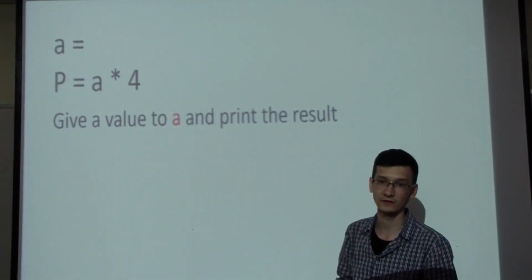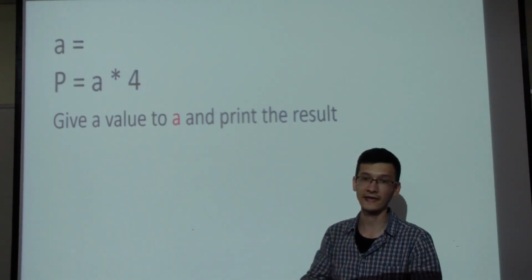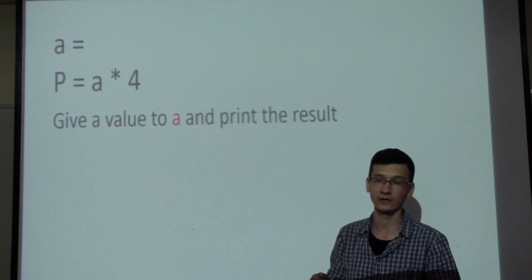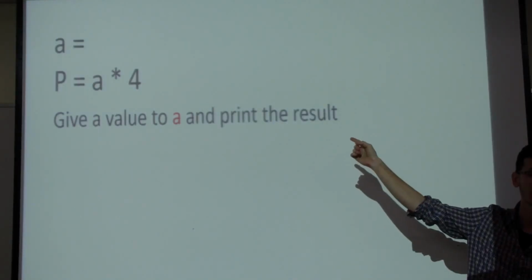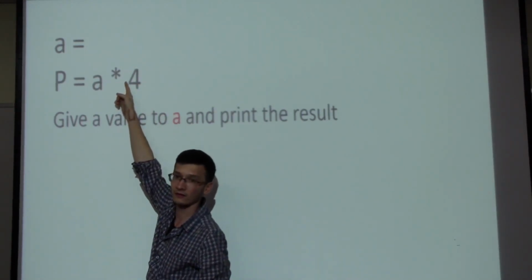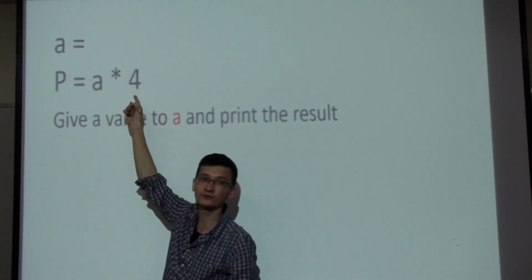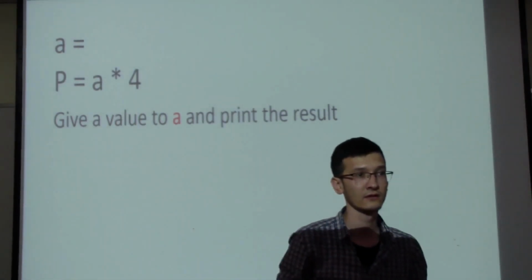Your program should ask what kind of value to give a. In our previous lesson, we just wrote the value here. We didn't use the input command. Now just use the input command.